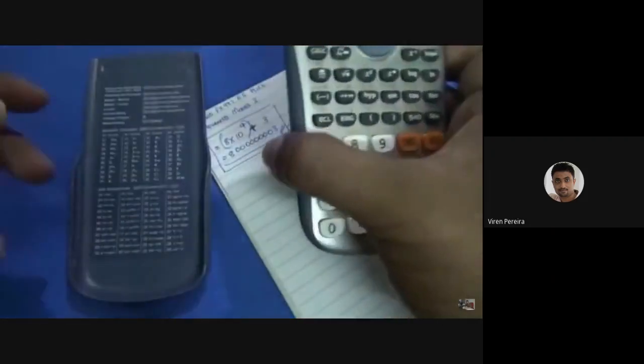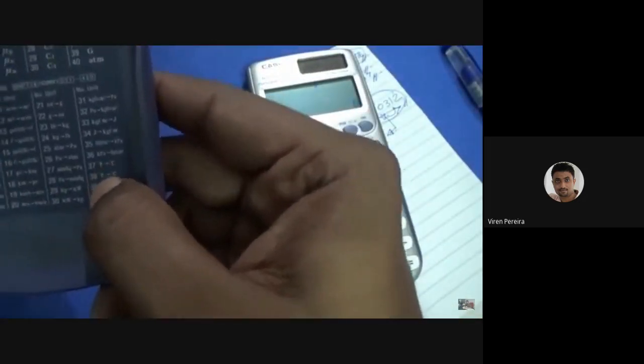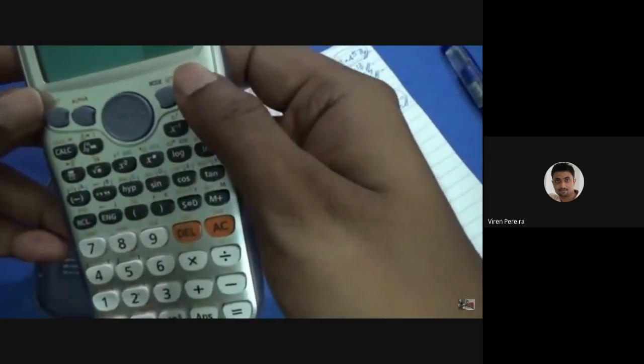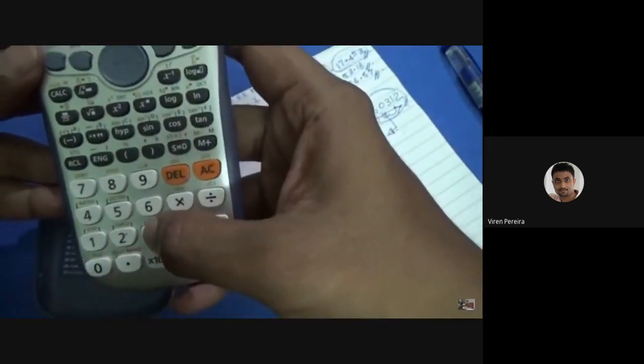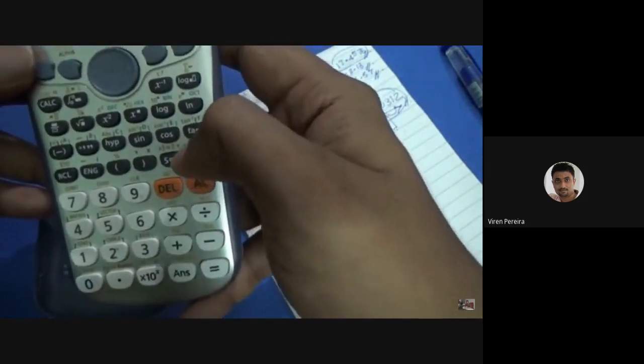So if you want to use it, say I have degrees Fahrenheit and degrees Celsius. Say I have 35 degrees Fahrenheit and I want to convert it to degrees Celsius. So I press 35, and now I have to get it to degrees Fahrenheit.